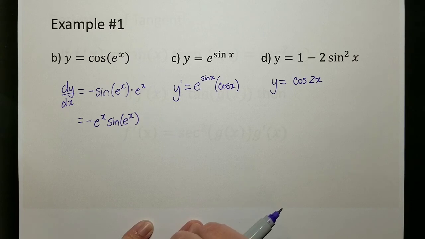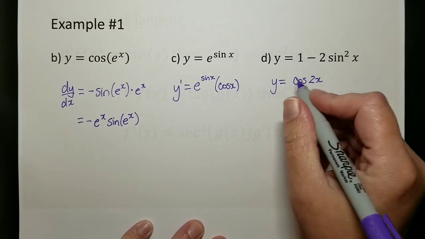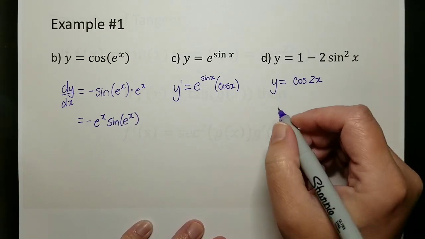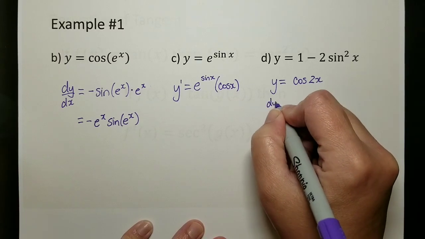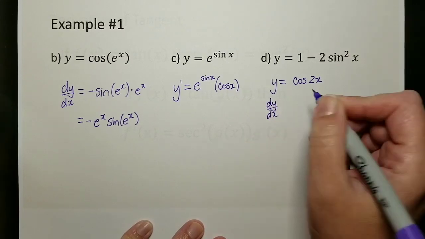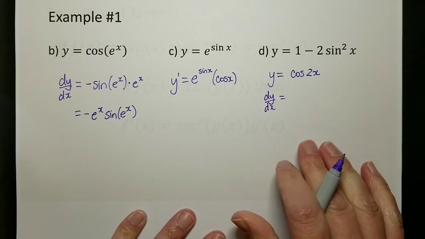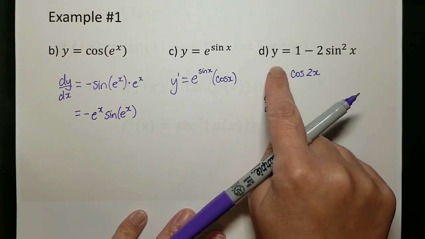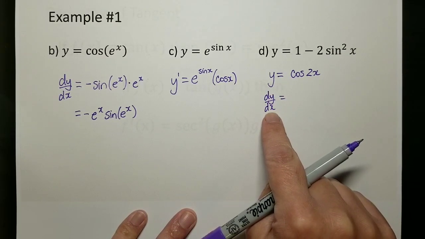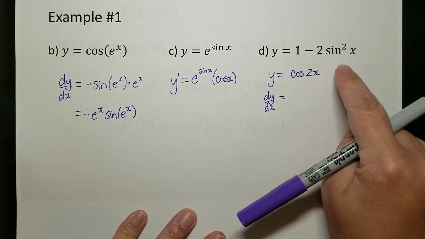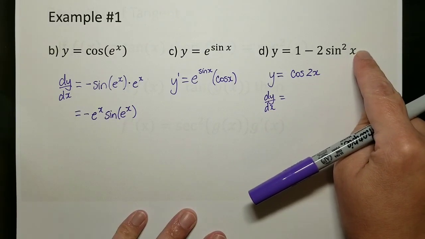That's something that we will cover in Unit 5. So if I do a substitution and we've got cos 2x, then we could say dy dx, or y prime, just different notation. And note that I need to keep y equals here and then show that I'm taking the derivative in this next step, because this is equivalent to the original function.